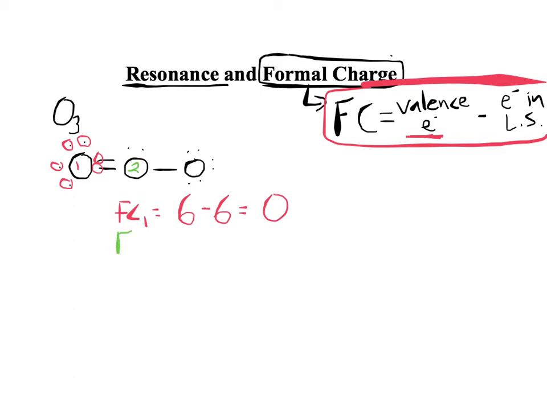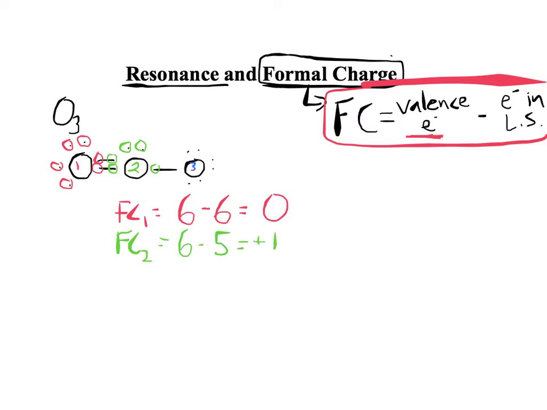What about the middle oxygen? We'll call this atom 2. The formal charge of atom 2 is going to be, well, it's still oxygen, so 6 valence electrons, but the number that's going to change is how many electrons are around it. So we have 1, 2, 3, 4, and 5. 6 minus 5. So the formal charge on that atom of oxygen is positive 1.